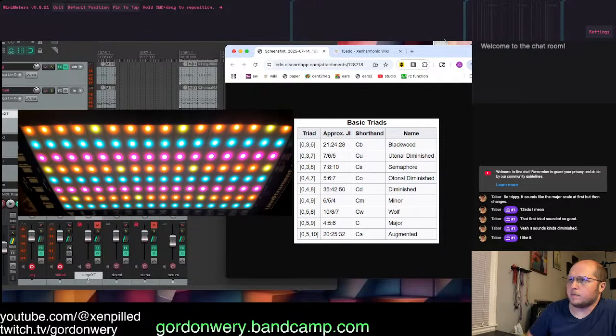Because here the only ones that are consistent are the utonal diminished and otonal diminished, and that's it. I don't know what you would call the chords though, that's the thing. What would you call a major chord with a down 5 without just saying major down 5?